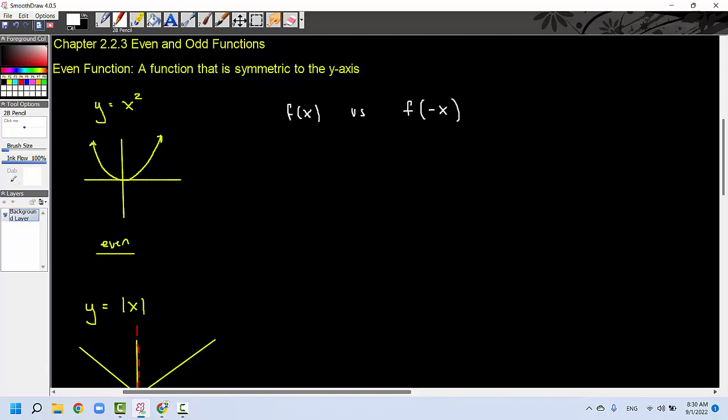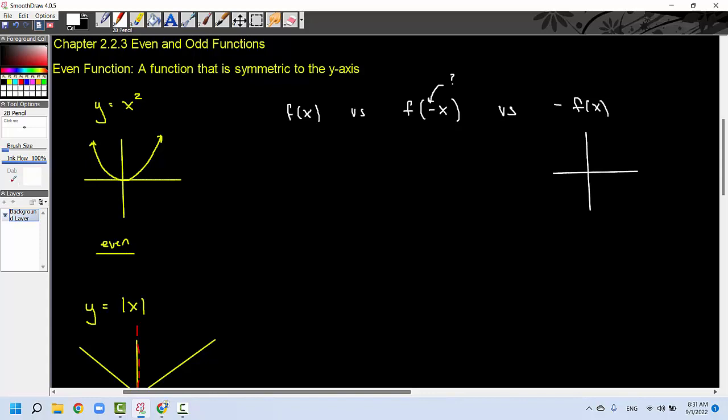Now, let's take a look at what this negative on the inside does. What does this transformation do? Well, let's take a look at something that we do know. If I was to do, say, f of x versus negative f of x, well, we know that when we have a negative sitting on the outside of a function, what it would do to the graph is take the graph and shift it upside down.